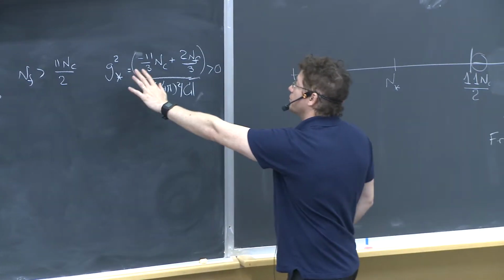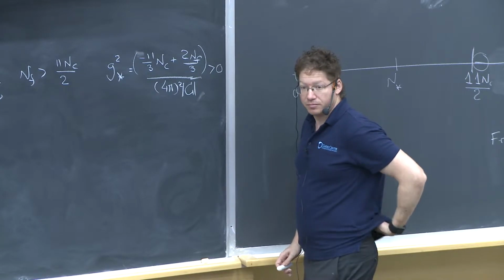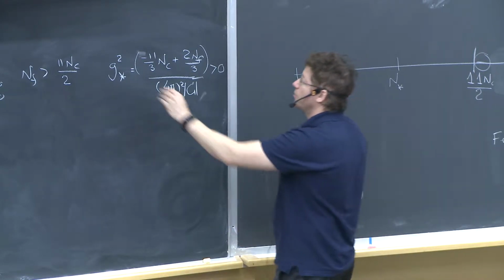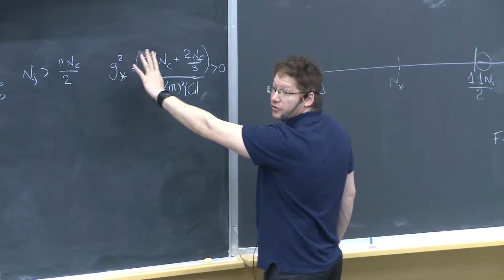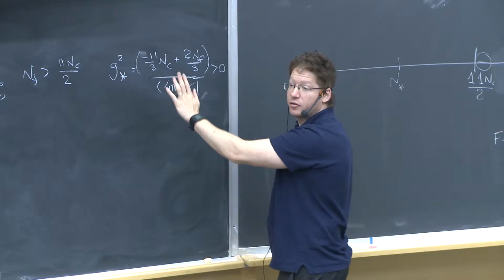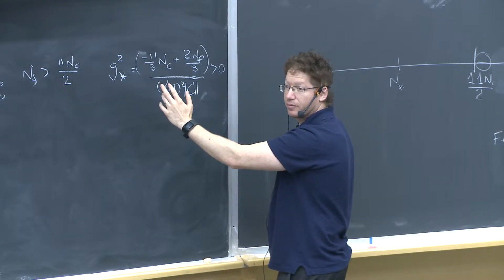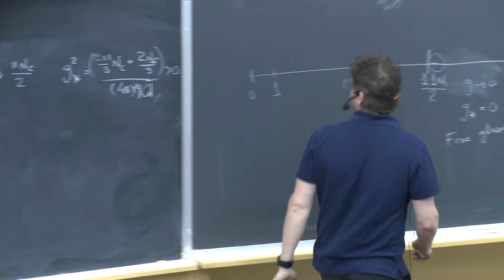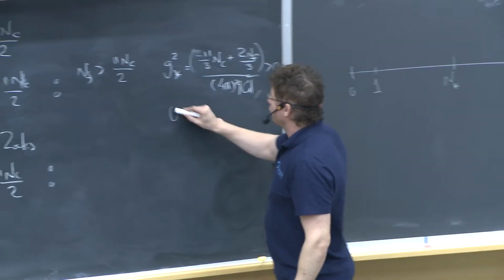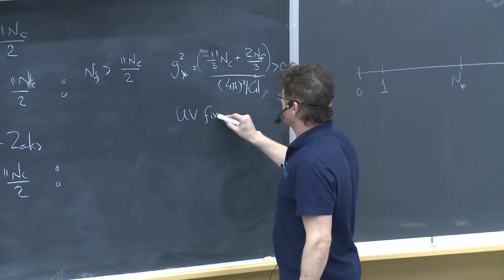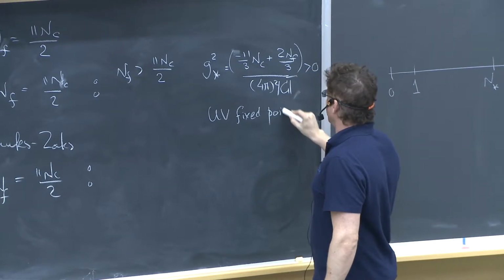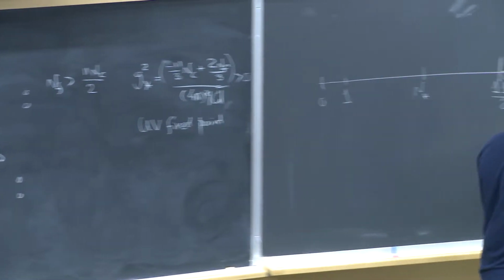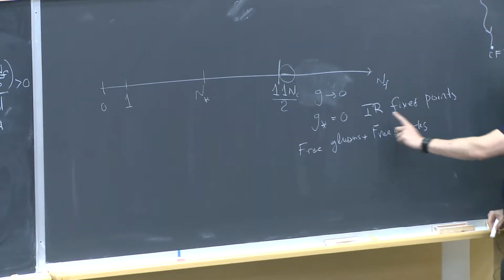There is a question whether this fixed point is reliable. So first of all, we have to discuss whether this fixed point is a UV fixed point or an infrared fixed point. The first point is that this fixed point is a UV fixed point. Now I'm going to explain why. The reason is what we said before, that g star equals 0 is always a good infrared fixed point here.